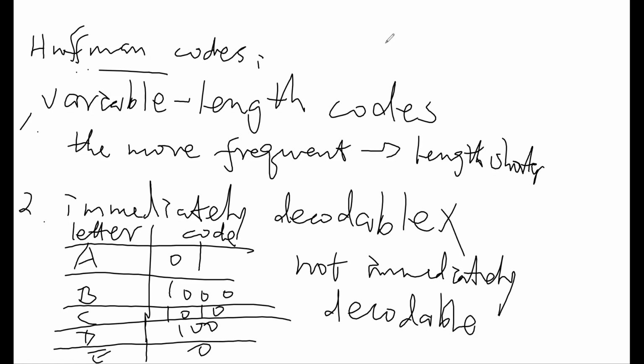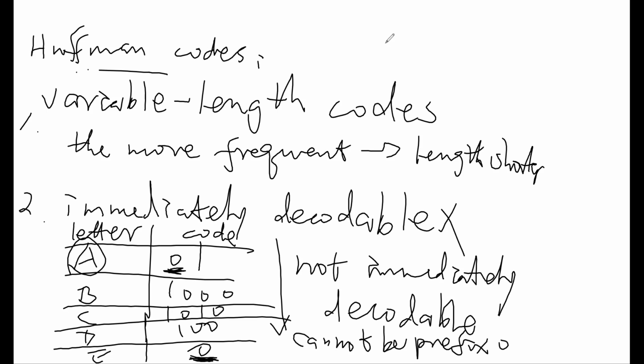This doesn't meet that. Why? Letter E, its code is 0. Letter A, its prefix is also 0. Then in this case, it will cause confusion. So immediately decodable means one letter's code cannot be prefix of other letters' code.